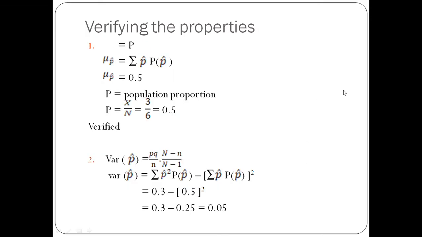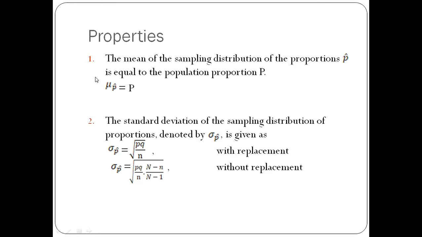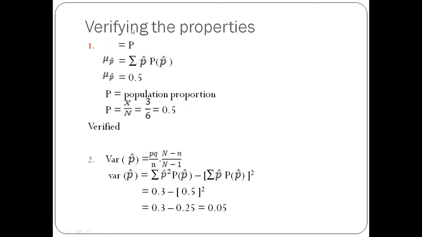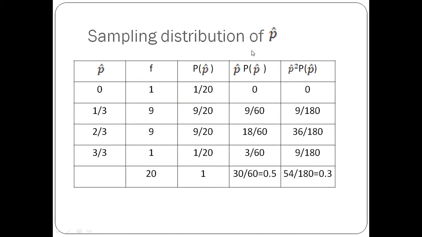Now we have to verify the properties. The first property is mu p cap is equal to mu. As we have discussed the properties before, mu p cap is equal to capital P. The value of mu p cap is equal to summation p cap into probability of p cap. Here we have constructed this column and added this column, so the final answer is 0.5.